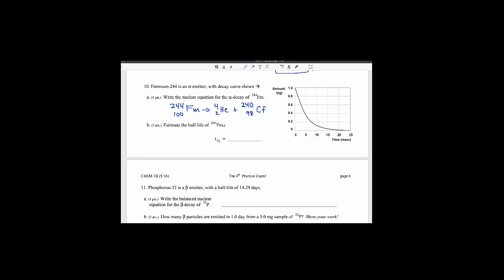Now to estimate the half-life of fermium-244, if we start with 1 nanogram, then the time it takes to get to half of that, or 0.5 nanograms, is about there on the graph. And if we do our best estimate here, it looks like that's more than 3 and less than 4.